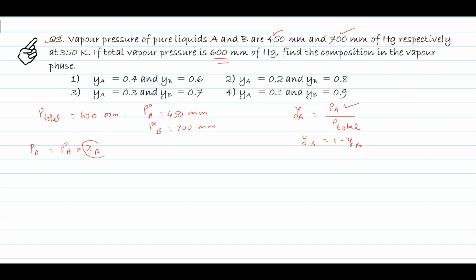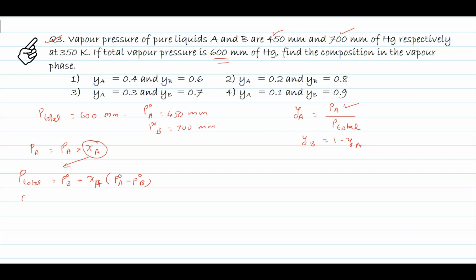This Xa you can calculate by using the equation P total equal to P0B plus Xa times (P0A minus P0B).